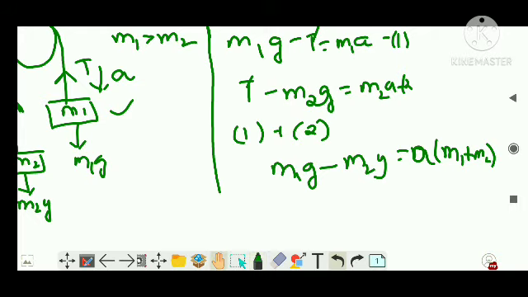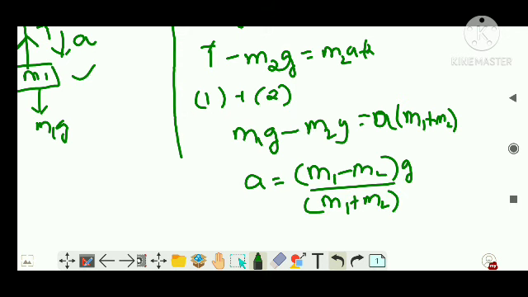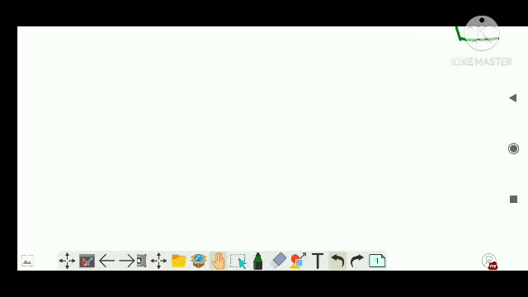Or I can just write A is equal to m1 minus m2 whole into g divided by m1 plus m2. This is the expression for acceleration of connected bodies on a pulley. Simple, right? Now similarly, I can use this equation for finding tension also.